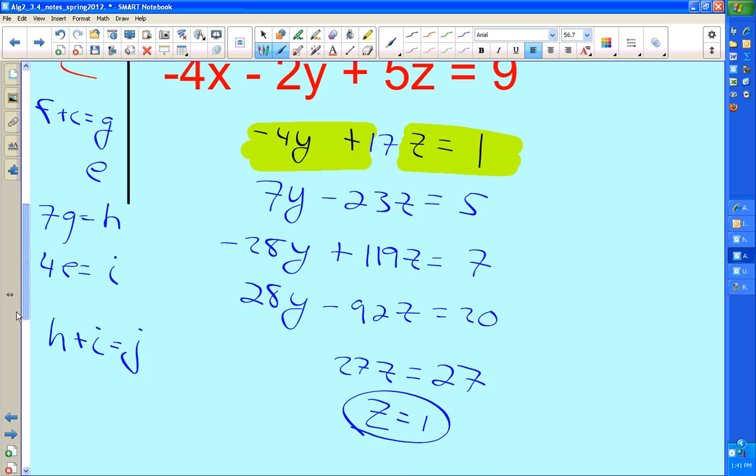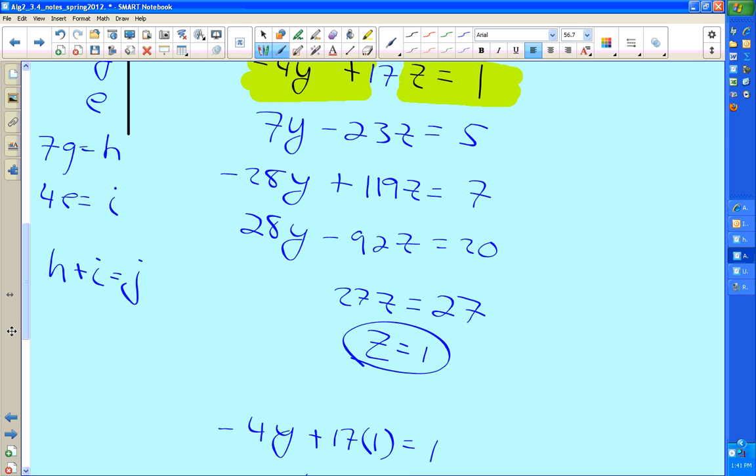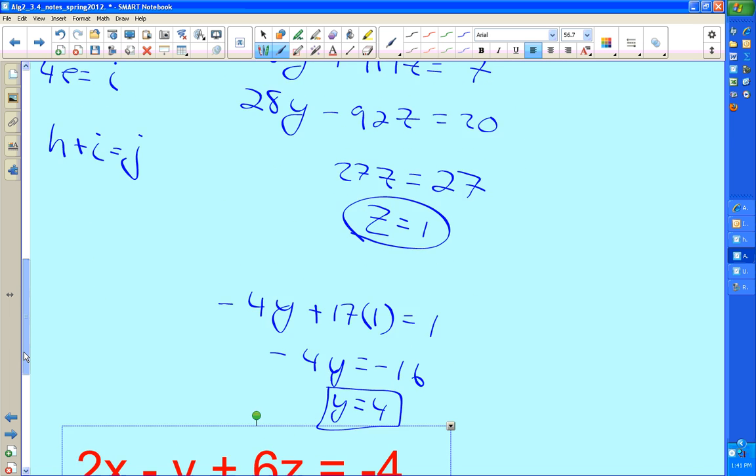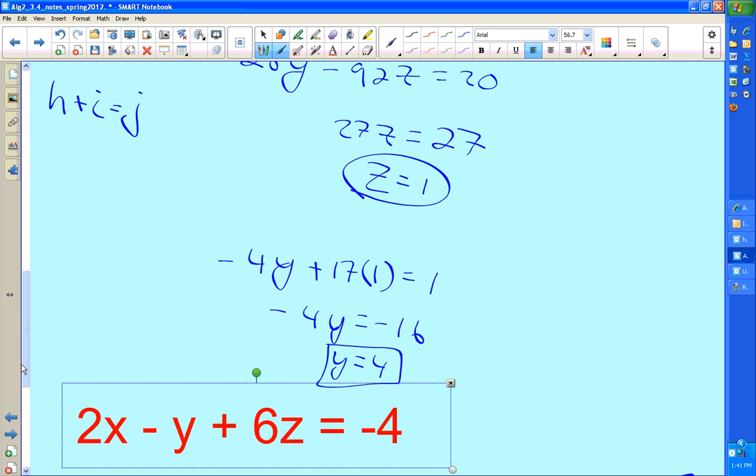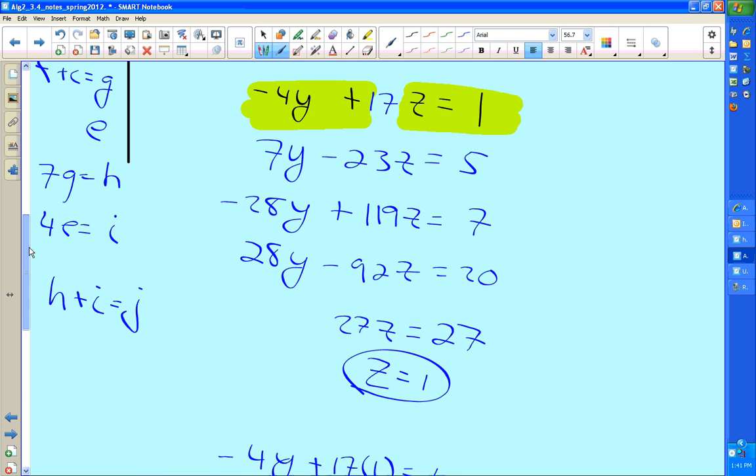I plugged it into negative 4y plus 17 equals 1. When you subtract 17, you get negative 16 and negative 4y. Okay, and then dividing by negative 4 gives me a positive 4. Right. Sorry, I probably colored too quickly. Scroll up to E plus F.